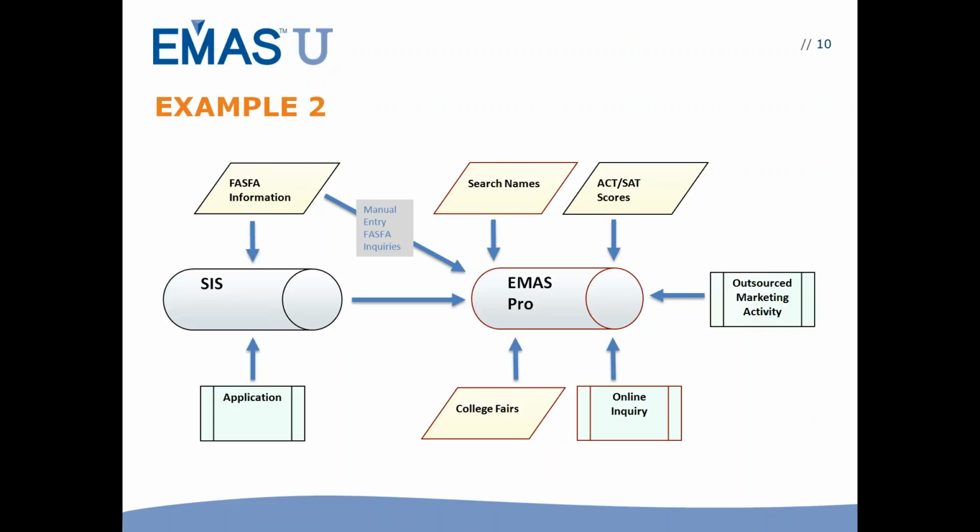Yeah, so at a certain point in time, we have a report run from our computing staff of people that have sent their FAFSAs and that do not have an application. That information is then given to me, which I then load into EMAS to enter them as inquiries. Great. Perfect. That sounds like you're picking up what some schools are missing, that really good solid chunk of inquiries.